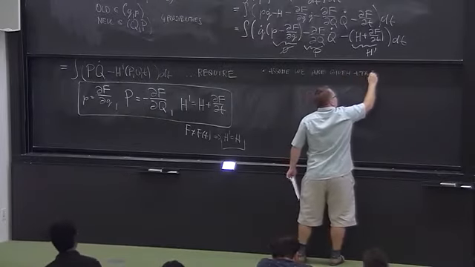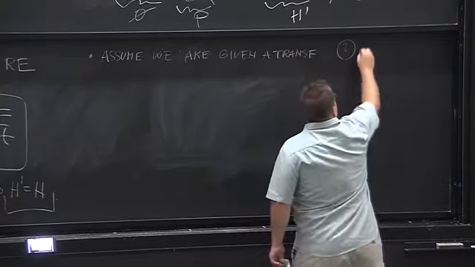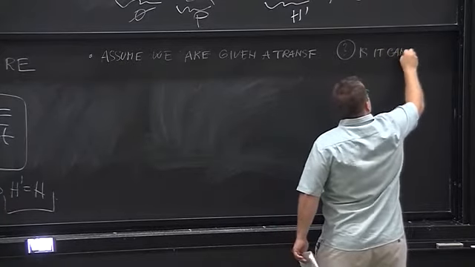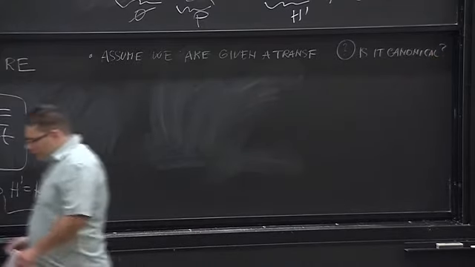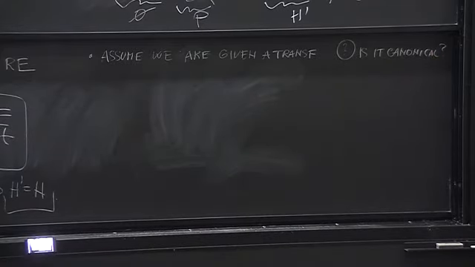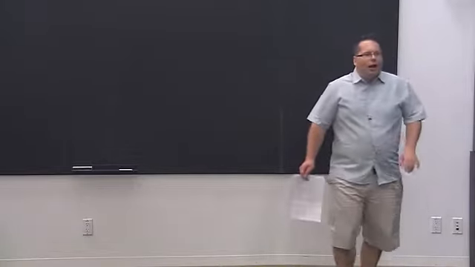Then the question is, is it canonical? One way to show that it is canonical is to find this generating function f, which is quite painful, but can typically be done, at least for simple systems. But there is a much easier way, and that's checking the integrability conditions for these relations. Even easier is to actually check the Poisson brackets.